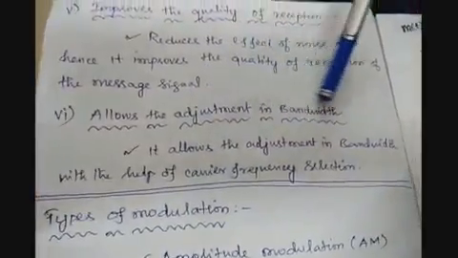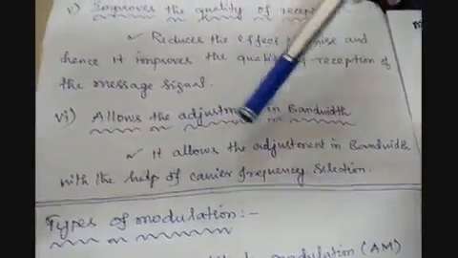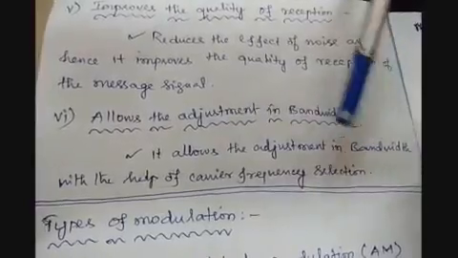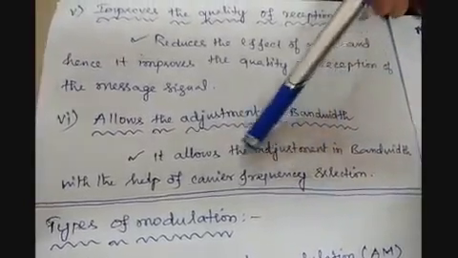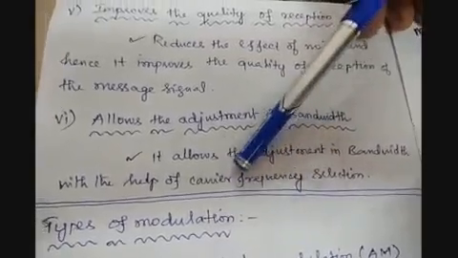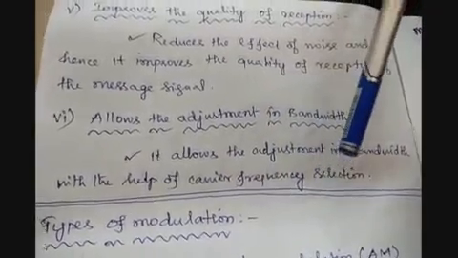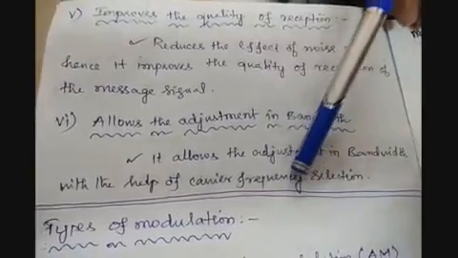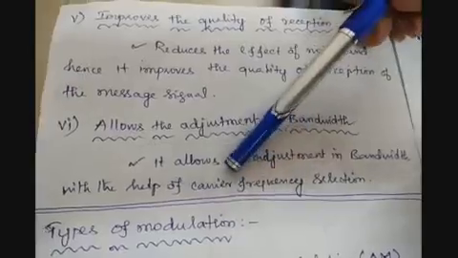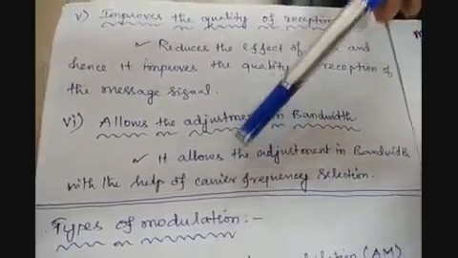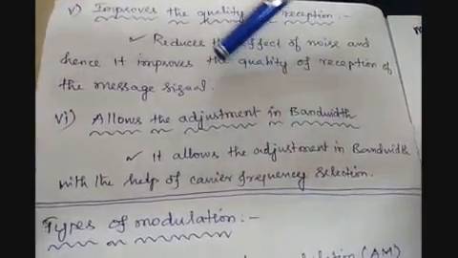Allows the adjustment in bandwidth. See, bandwidth generally depends upon the carrier frequency. We only decide the carrier frequency, which frequency we want, right? And the carrier frequency will be generated by using oscillators.